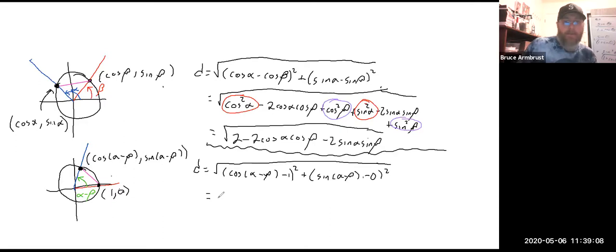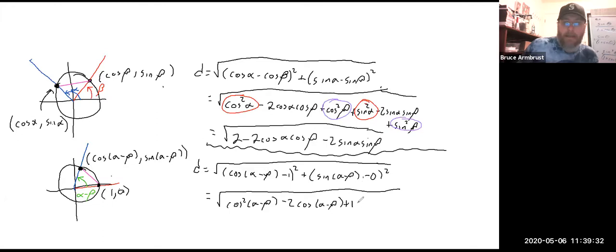Okay, so let's do similar algebra that we did before. So we'll have square root of a whole bunch of crap. This is going to give us cosine squared of alpha minus beta minus 2 cosines of alpha minus beta plus 1. So that's the squaring of this first thing.